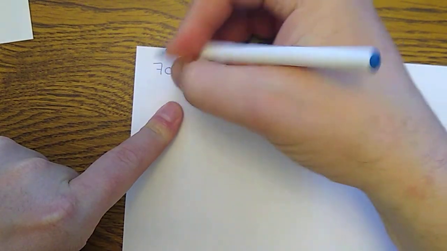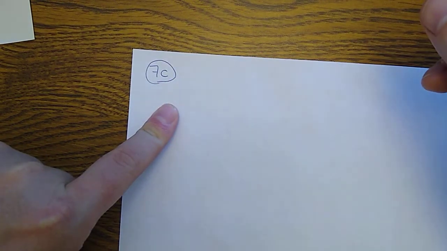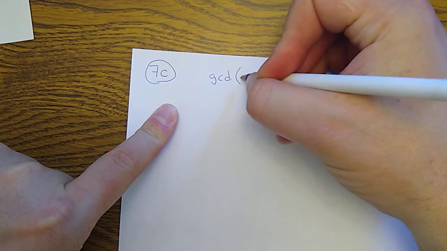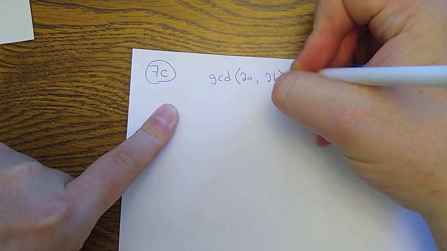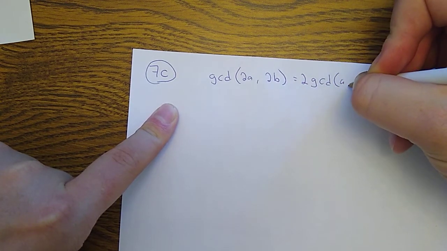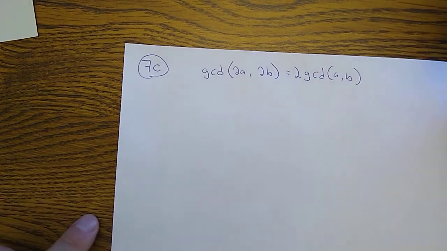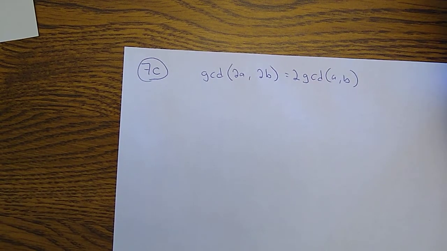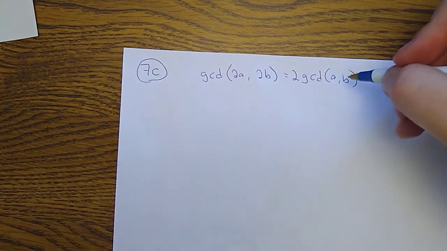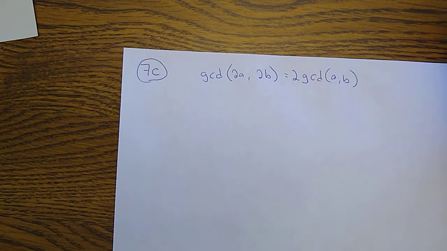Let's see. I can probably do part C in this video. So for 7C, it was that GCD of 2A and 2B equals 2 times the GCD of A and B. In the interest of time, I encourage you to try plugging in a few numbers for A and B and see what you get on both sides.